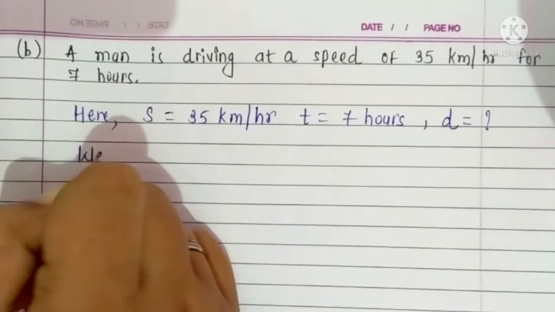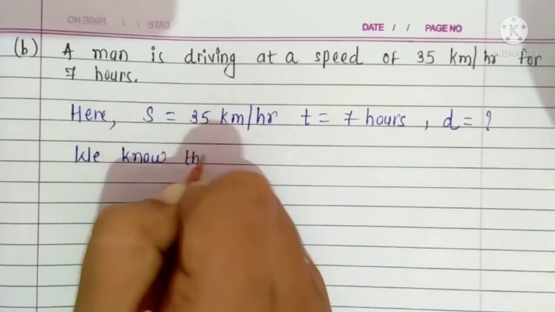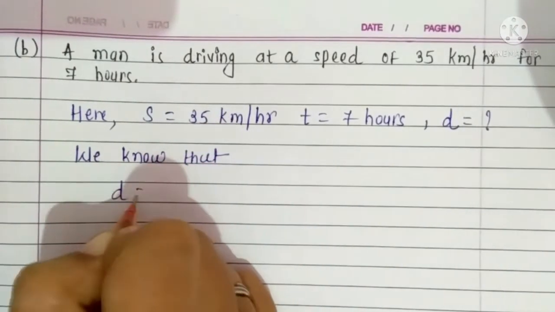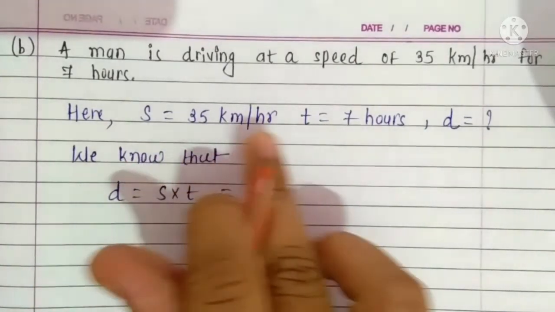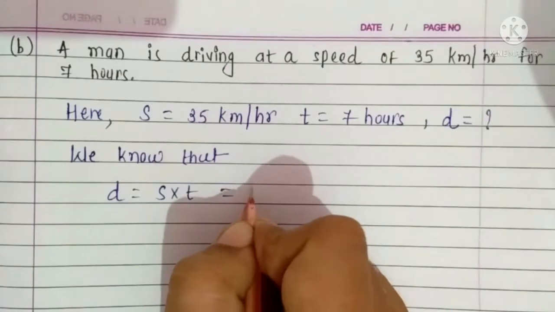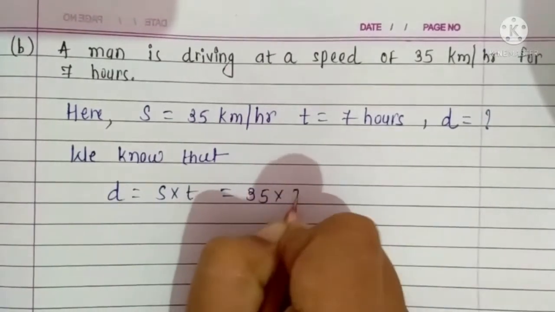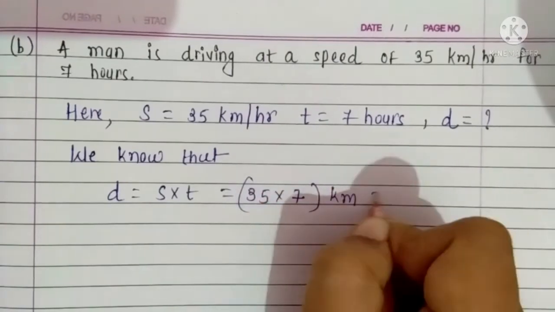As we know that d is equal to s multiplied by t. We put the value of s and t in this formula. We get 35 multiplied by 7 kilometer.